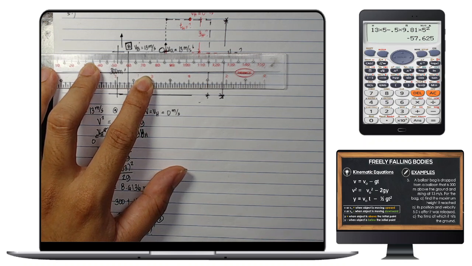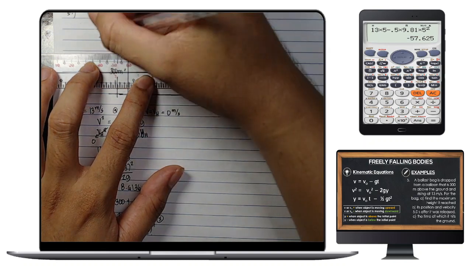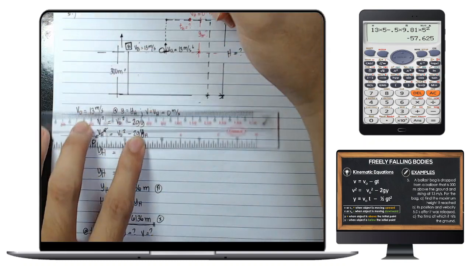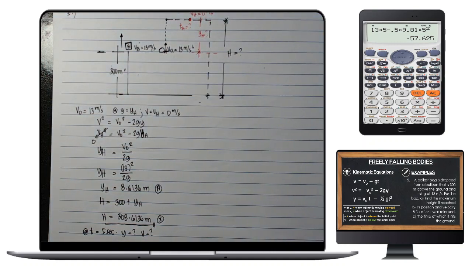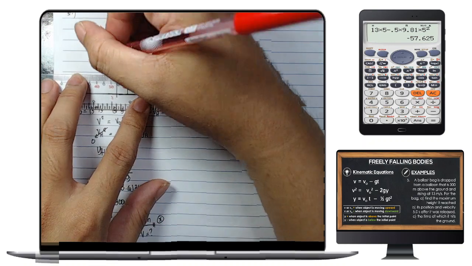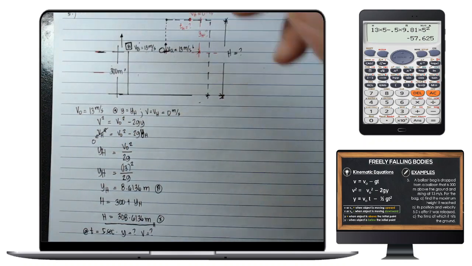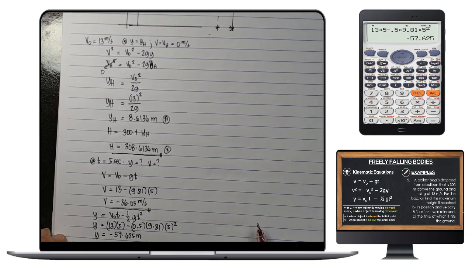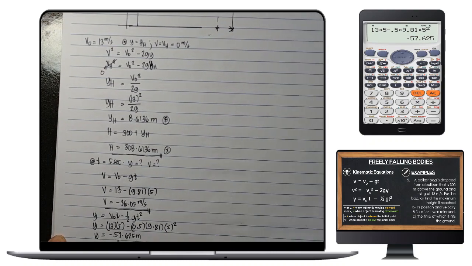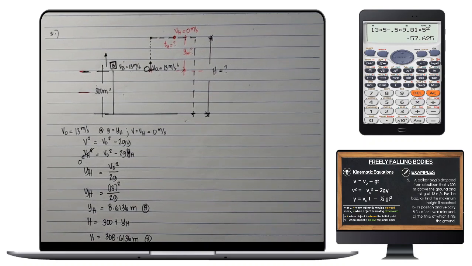So, meaning to say, kung ito yung ating first point and we have the value after 5 seconds to be negative 57.625, that happens to be below the initial point. Okay? The negative sign denoted dito sa ating computation. This negative 57 here. So, yung negative 57, ibig sabihin nun, nasa ilalim nung initial point natin.